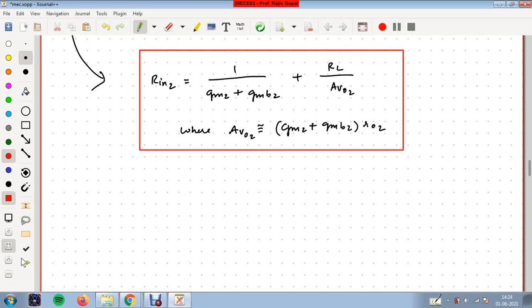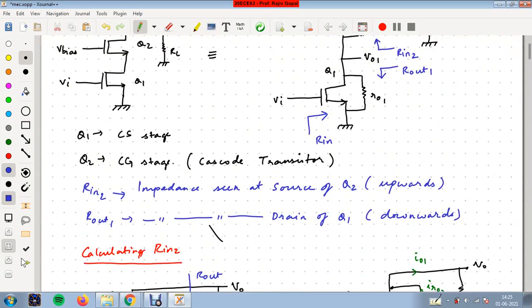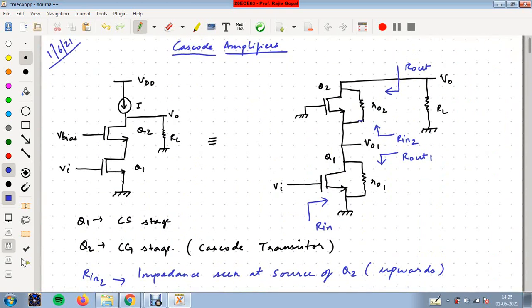Then next we'll look at the cascode diagram again. Let us come back to the cascode diagram, before that, the cascode small signal model. So I'll copy that. This is my small signal model.